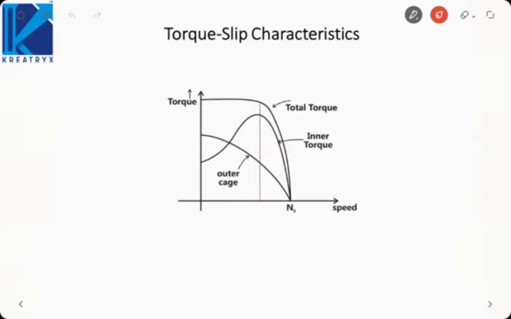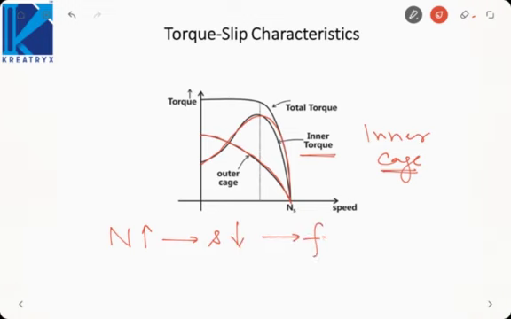So if we see the torque slip characteristic, this indicates the torque due to the inner cage. It is the normal torque slip characteristic. But if you see the torque slip characteristic of the outer cage, as the speed builds up, what will happen? Slip goes down, and the rotor frequency, which is equal to sf, also decreases. If the rotor frequency decreases, then what will happen?